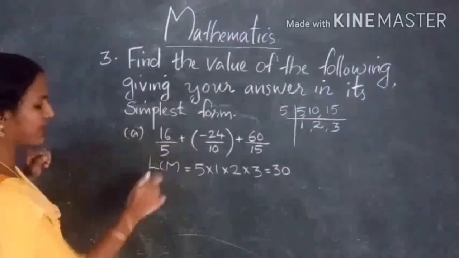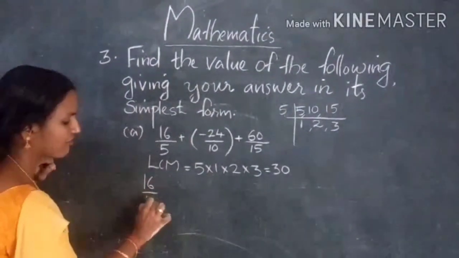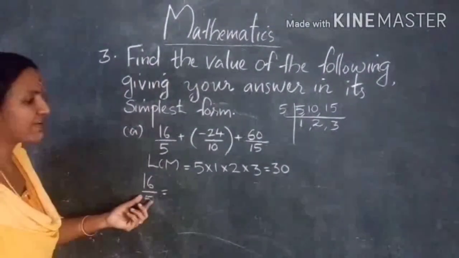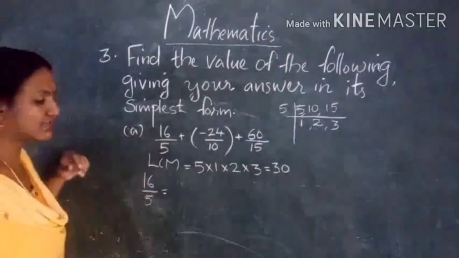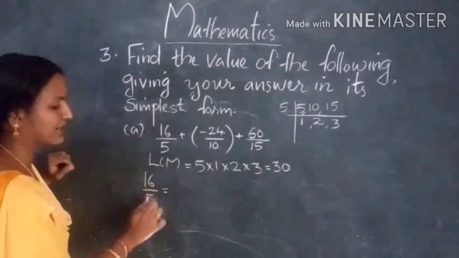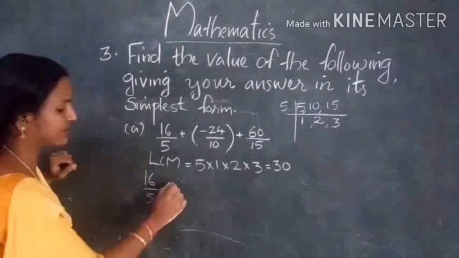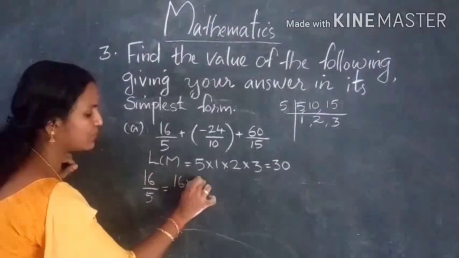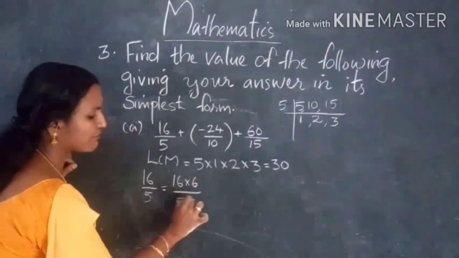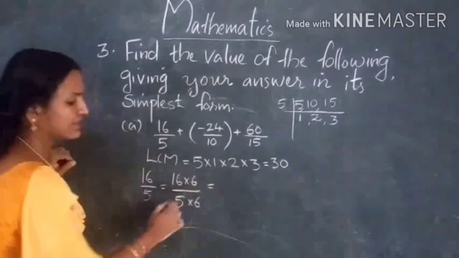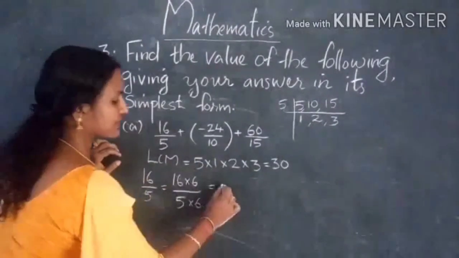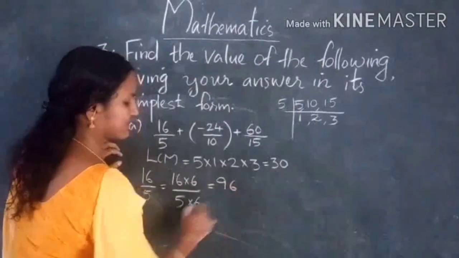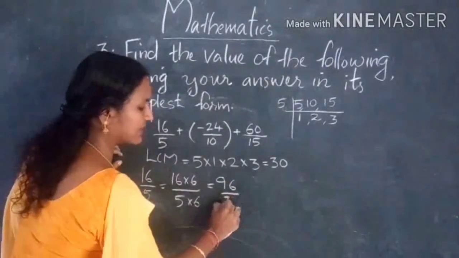So we take the first fraction, 16 by 5. How many 5s are in 30? 6 5s are 30. So we multiply numerator and denominator by 6. 16 into 6 divided by 5 into 6. 16 into 6, 96 divided by 30.